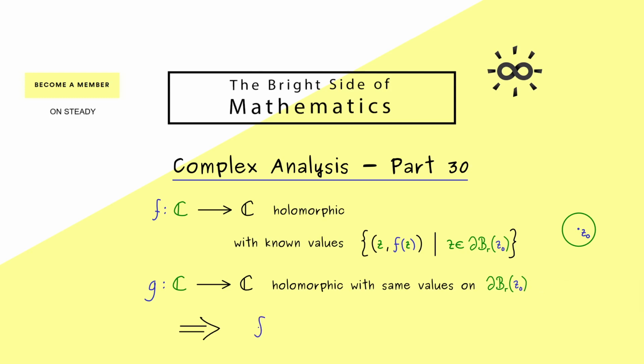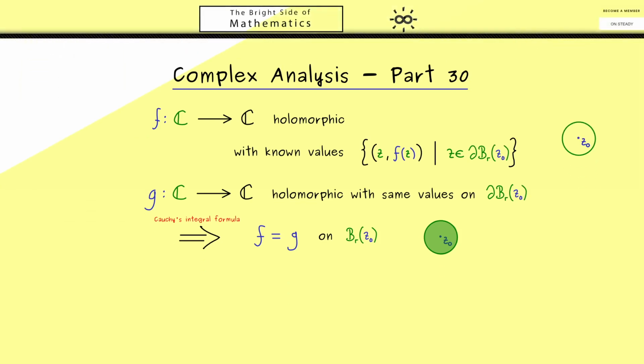Which means the two functions f and g actually coincide. At least we know they do it in the disk. In particular, there's only one holomorphic function inside the disk that has exactly these values on the boundary circle. And now exactly this fact the identity theorem will generalize.